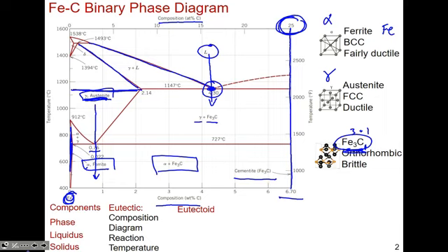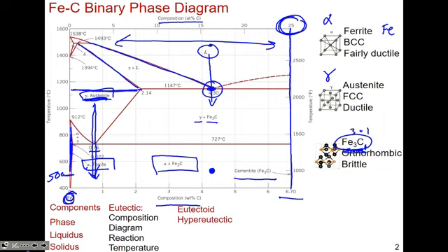If you're at 1600 C, it doesn't really matter how much carbon you add in this range with the blue arrow I just drew, you're going to be in a liquid state. If you're somewhere here at 500 C, say, so if you're at this dot right here, you're going to have two phases. So it depends on where you are. Treat it like a map. Go X, go Y, and it'll tell you where you are in life, okay? So eutectoid, now you're going from solid to two phases, okay?